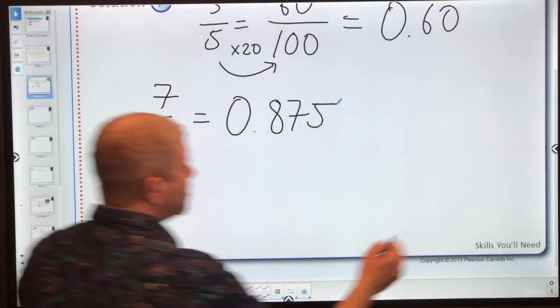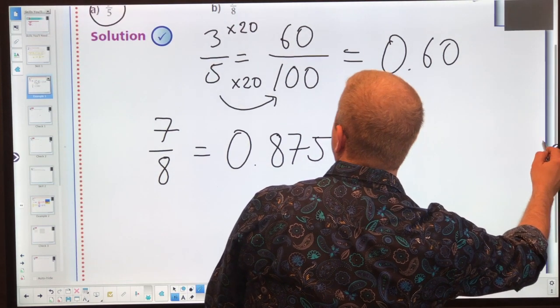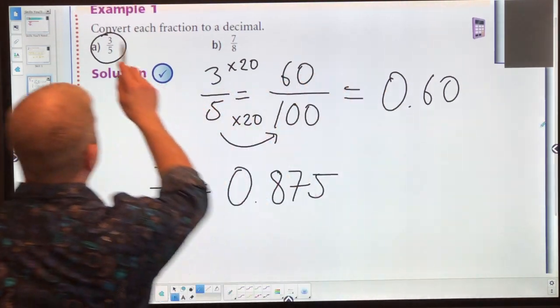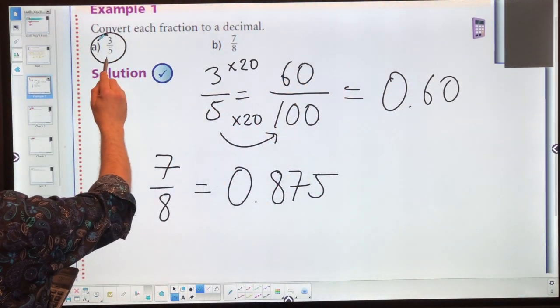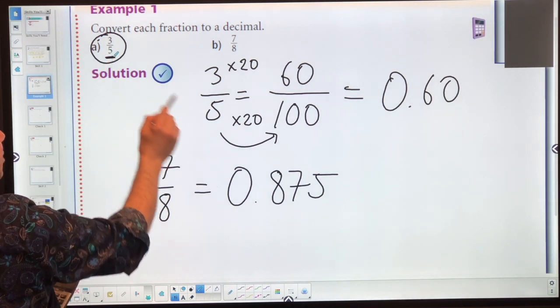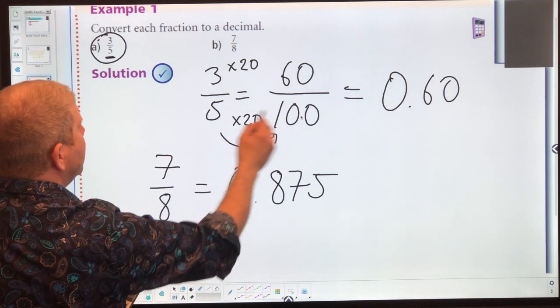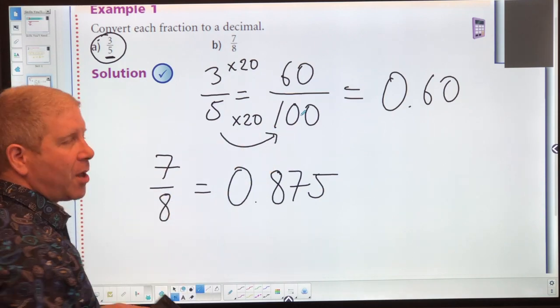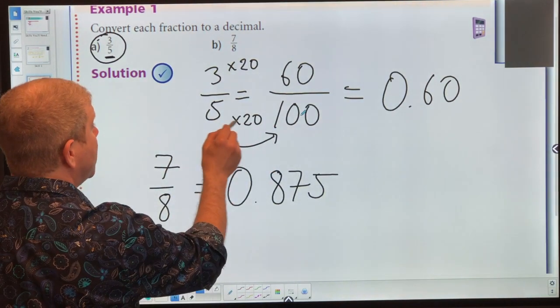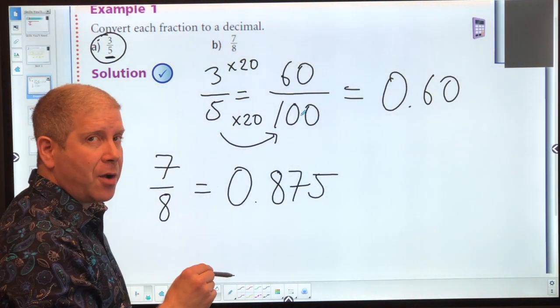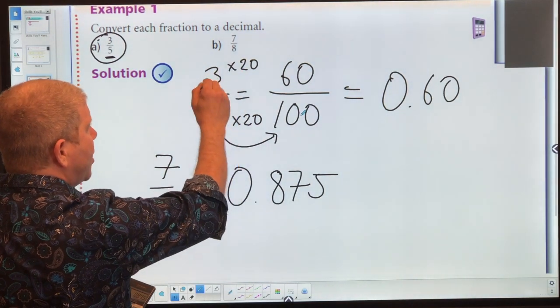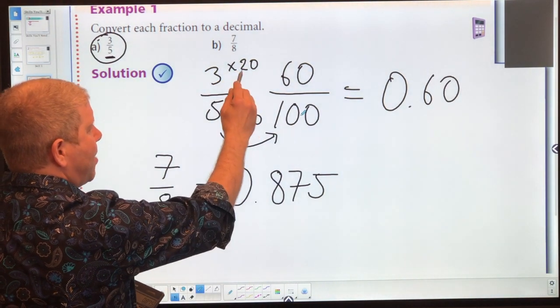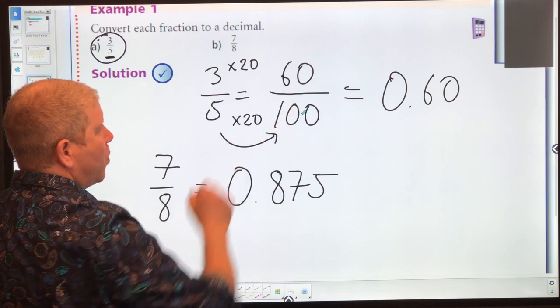So there's two ways you are going to work to convert a fraction to a decimal. If you can multiply a number by the denominator to get 100, you would multiply the numerator, the top number, by that same number, and then you have your number over 100.